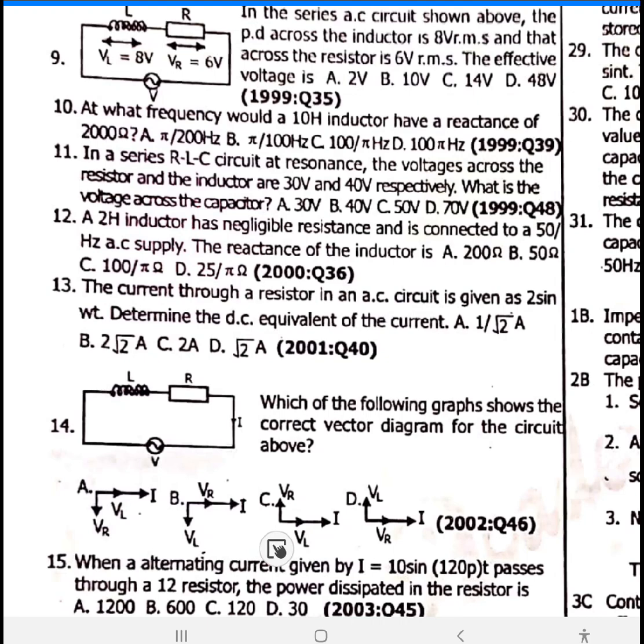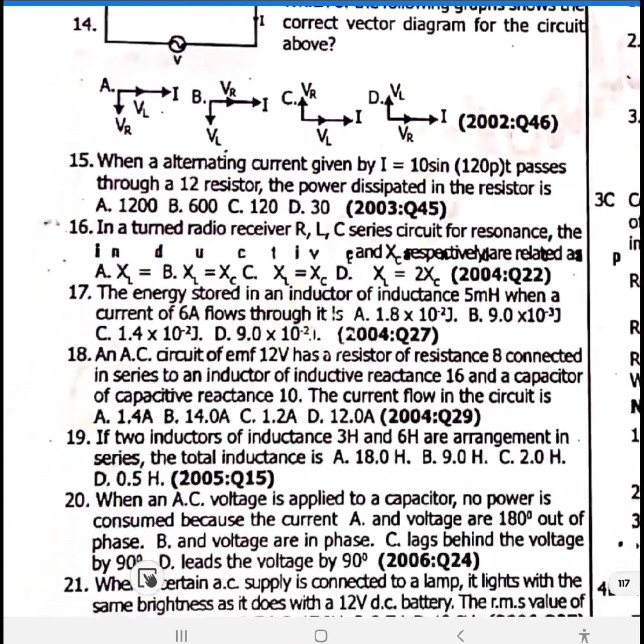Here you have the one for the inductor and the one for the resistance, the voltage for the inductor and the voltage of your resistance. Option B. 15 is a calculation.